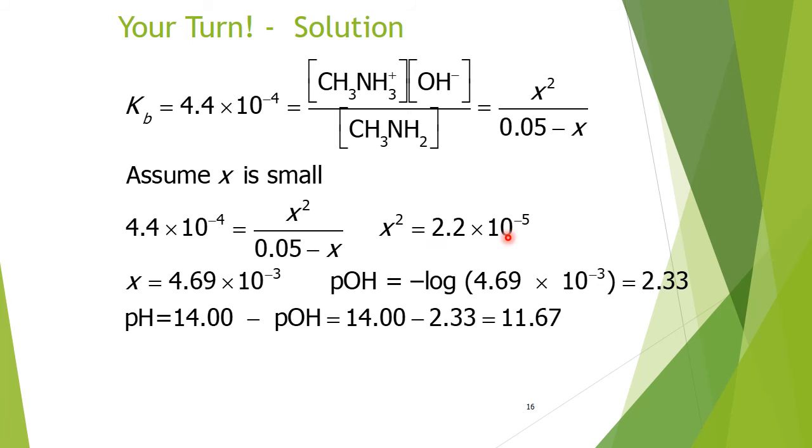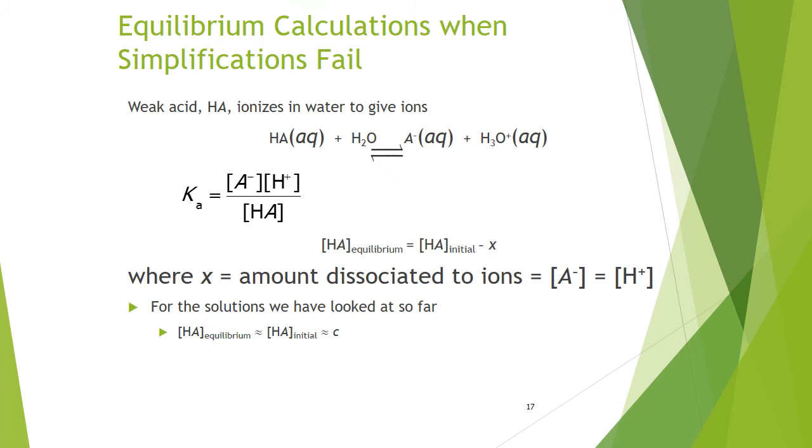All right, and then what you do is solve for x, and that will be the OH concentration. Take the pOH of that, 2.33, and subtract that from 14. There's your pH.